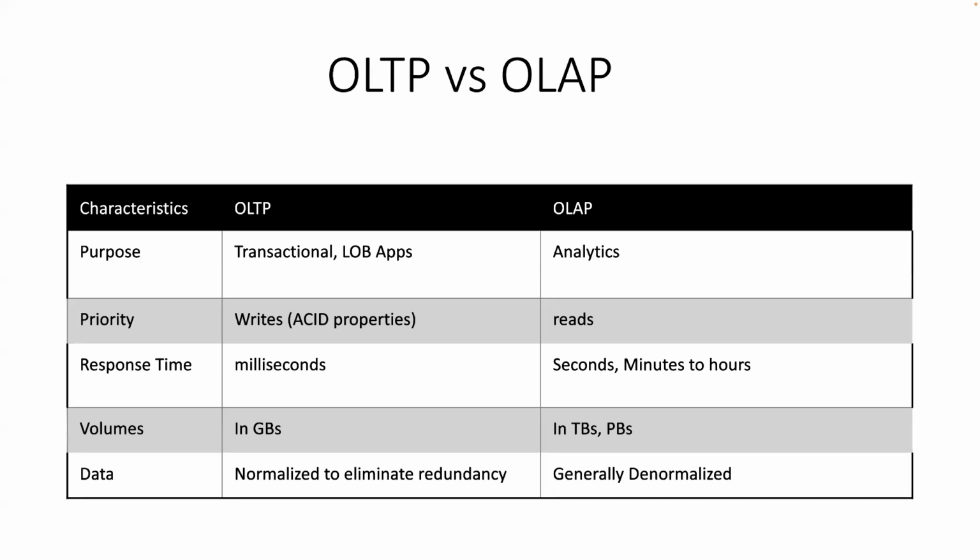You normalize so that you don't need to update many times, because there is not much redundancy in your system. Whereas in OLAP it's generally denormalized. This is because there are not a lot of writes and updates happening, and it's more for doing complex analysis.